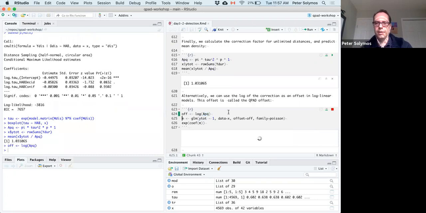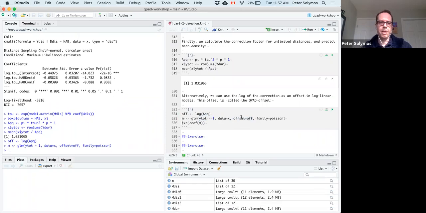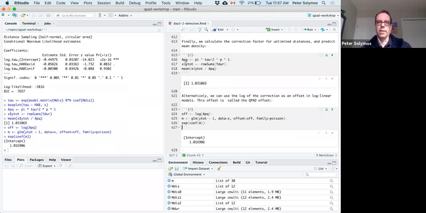And if we do that and specify GLM, family Poisson, and offsets equals A times P times Q log transformed, then we get this model M, and the intercept is going to be very close to this hand calculated average.